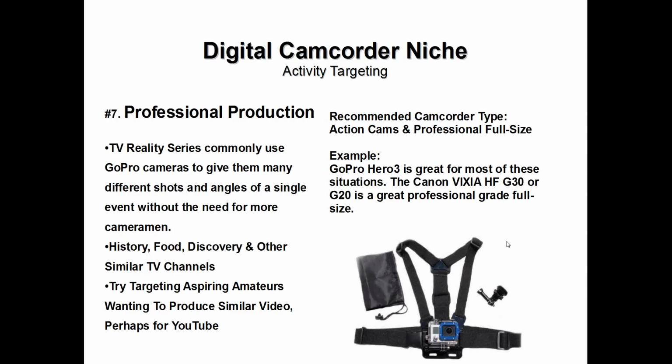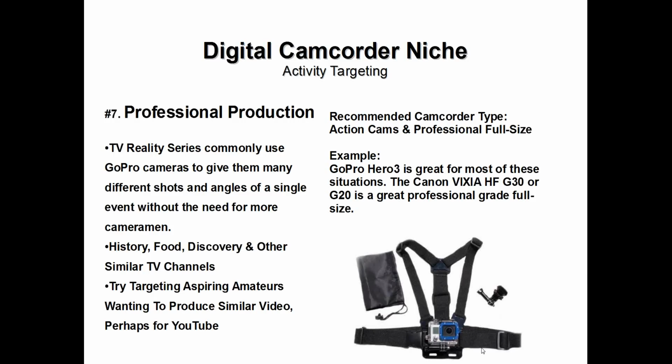Once again, the GoPro Hero 3 is awesome for these situations. If you're looking for a professional full-size digital camcorder though, something like the Canon Vixia HF G30 or the G20 is a really great choice. Now, you may not realize it, but a lot of reality series on TV, they actually use these.